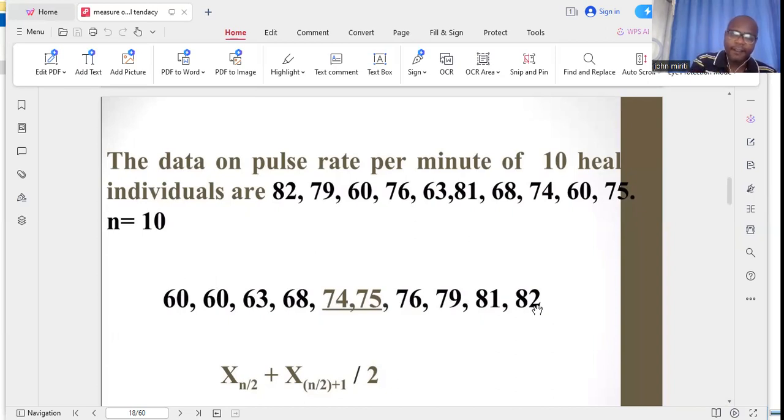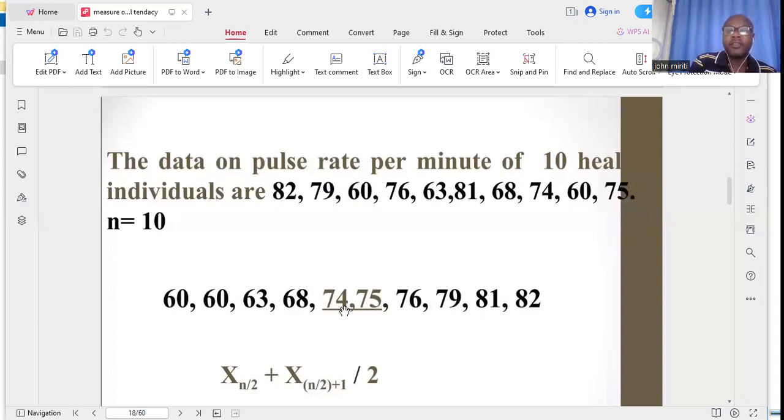So our middle is between 74 and 75. Meaning what? We have 1, 2, 3, 4 on this side, and 1, 2, 3, 4 on the other side. So in between here is where our median is located.